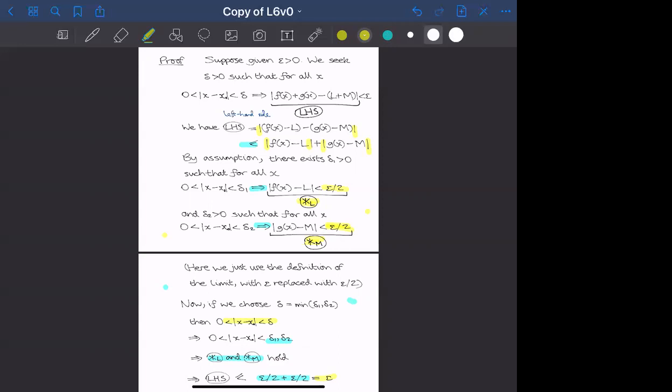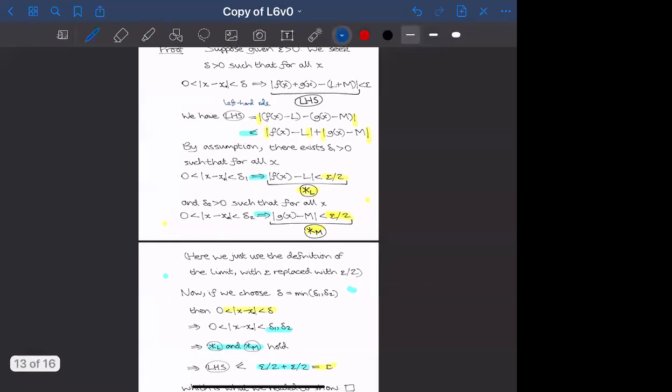So if I choose this delta, the min of delta 1 and delta 2, then LHS is, so I made a small mistake here. LHS is less than epsilon.